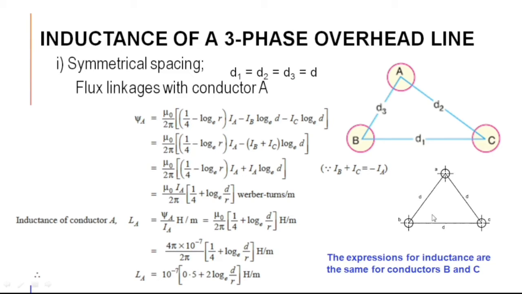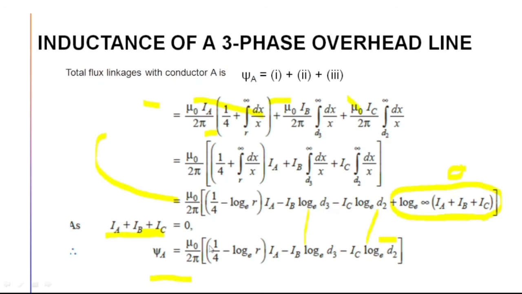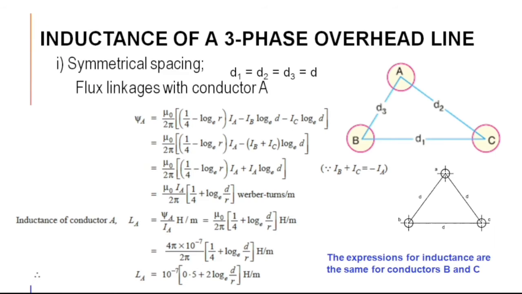We have to place this in the expression we already have for ψA. In it we have the D3 and D2 terms, and I am placing D1 equal to D2 equal to D3 equal to D. So ψA is equal to μ0 by 2π [1/4 minus log R base e IA minus IB log D minus IC log D].